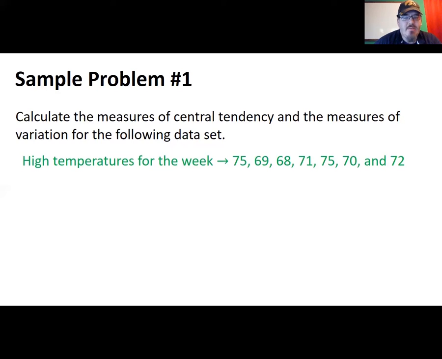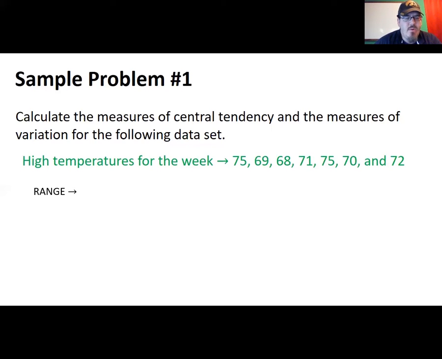And what these values talk about is they give you a sense of how the data is spread out. Are the numbers close together in general? Are they different? Do they vary quite a bit from one number to the next?